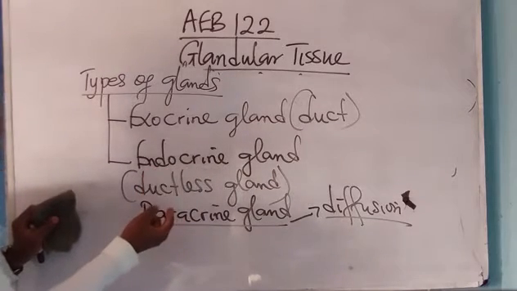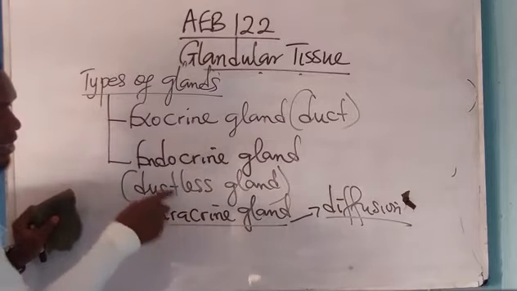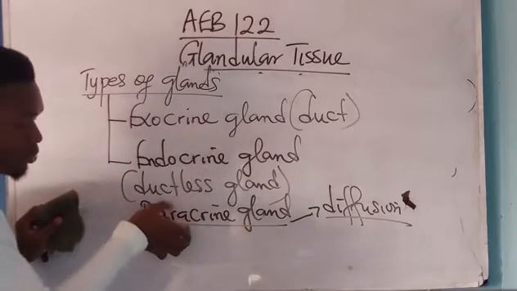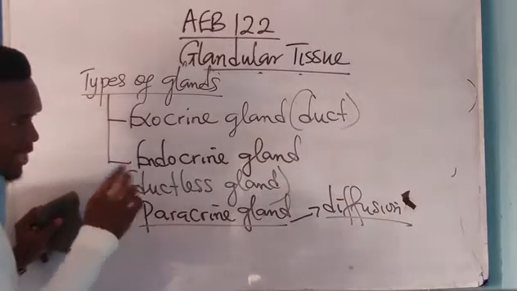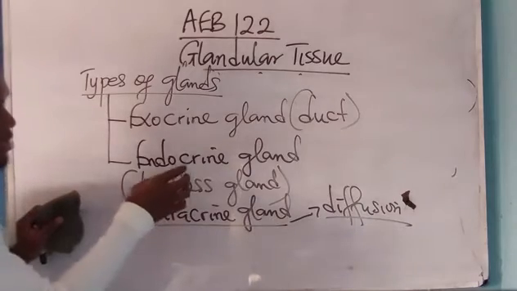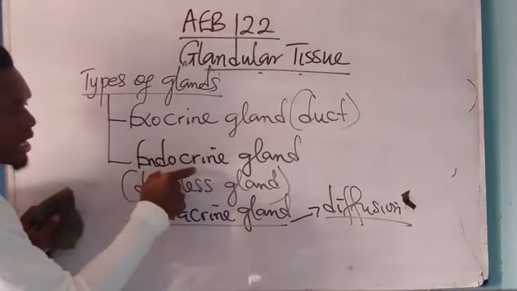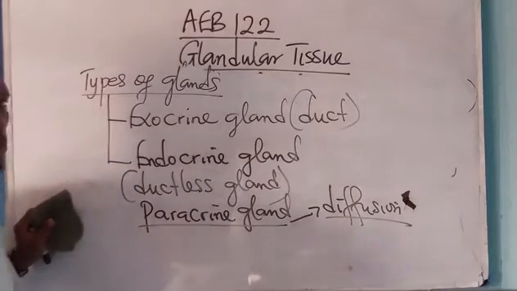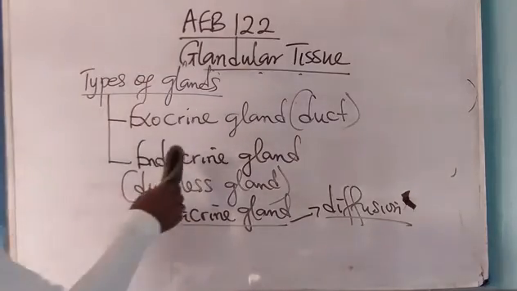And the difference between paracrine and endocrine glands is that secretions of the paracrine gland get to the target organ through diffusion, but secretions of the endocrine gland get to their target organ through the bloodstream.